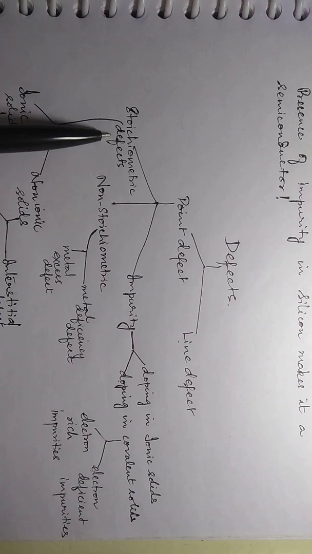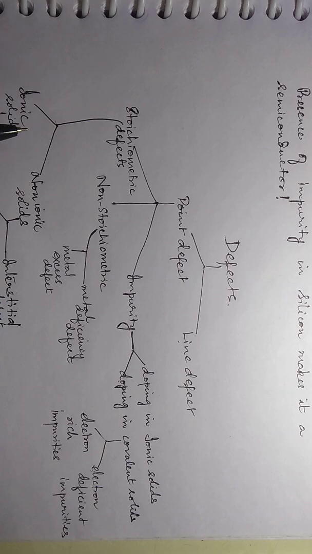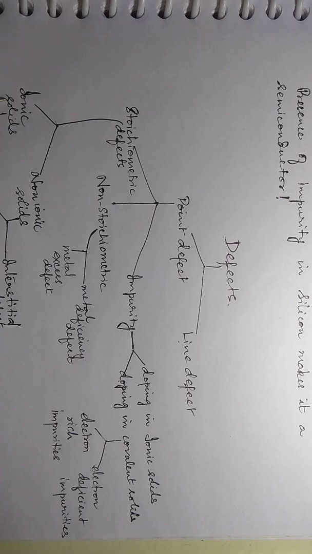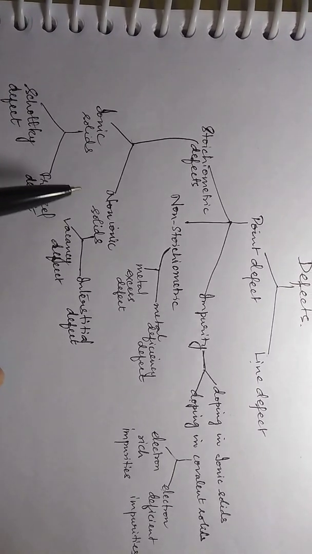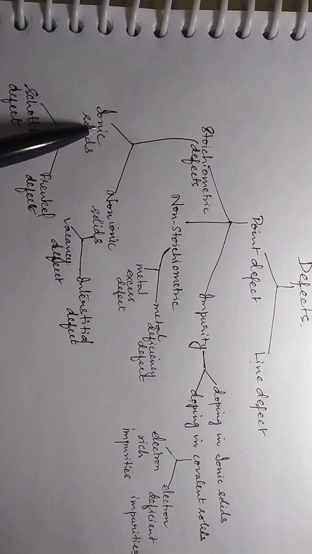Now this stoichiometry means what? Measurement. Stoichiometric defects are again of two types, in the sense that the defect may be present in an ionic solid or in a non-ionic solid. If it is present in an ionic solid, then it is of two types, Schottky and Frenkel.